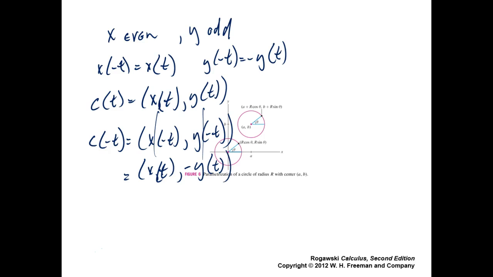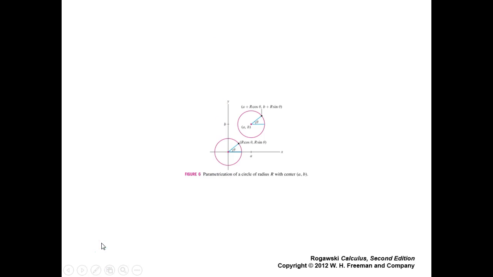Now, let's see what example 5 gives us. I think I'll just clear this out of the way. I mentioned it, and now it shows up. Parameterization of an ellipse.